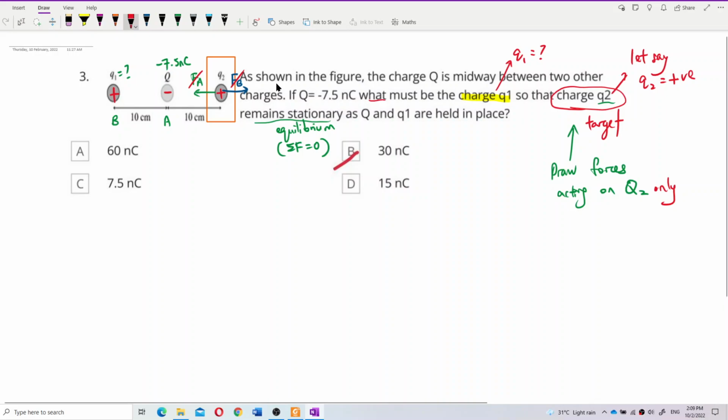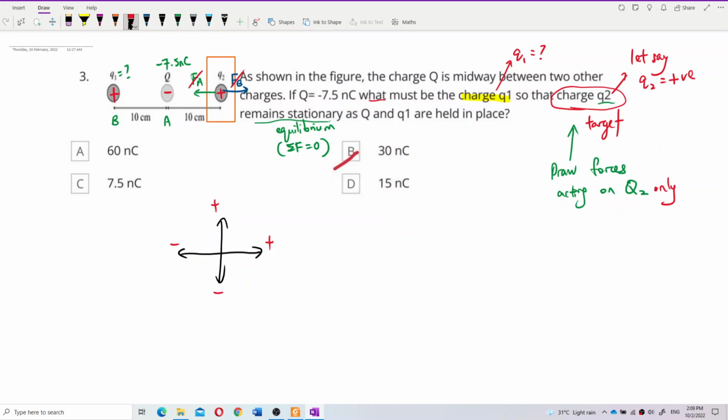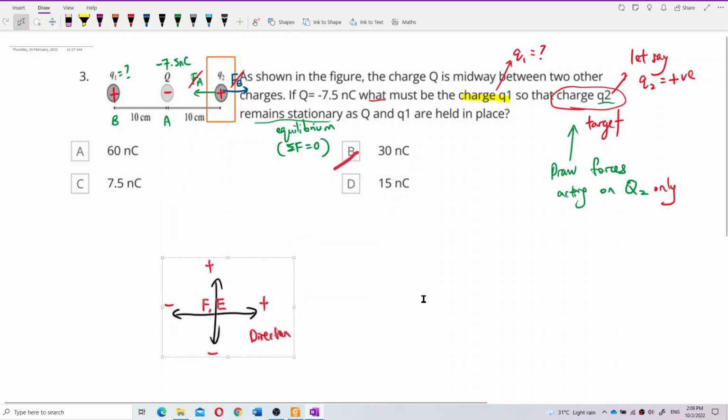Still remember the direction. Direction to the right is positive, direction to the left is negative, direction upward is positive, direction downward is negative. So about force or electric field, we're talking about direction, right? So we should put the positive or negative sign for direction.